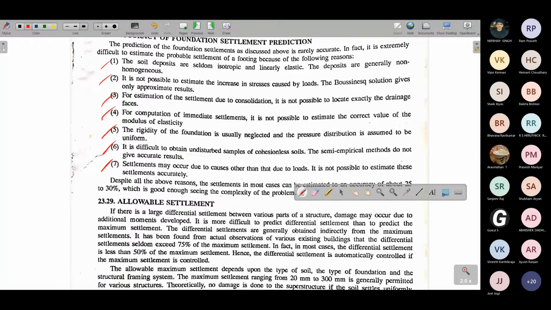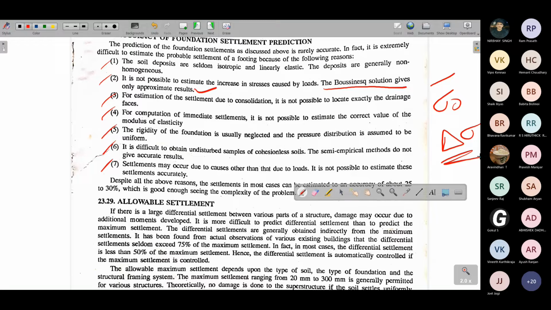Boussinesq's solution gives an approximate result for whatever we are measuring, in all these equations. So we are measuring very approximately only. In computation of the immediate settlement, it is not possible to estimate the correct value of the modulus of elasticity. Modulus of elasticity is again a big thing, how we can measure it.